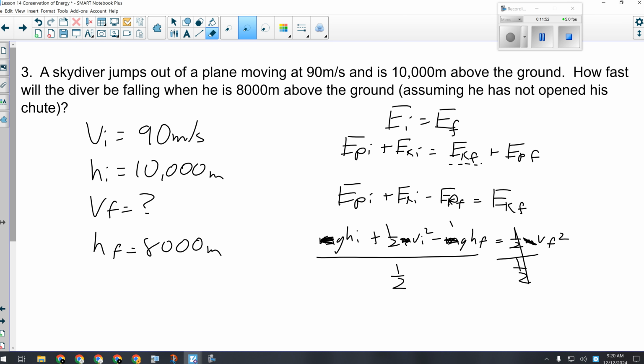All right, that gives me VF squared. What do I want? I need the square root of that.